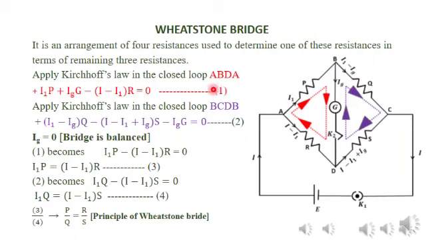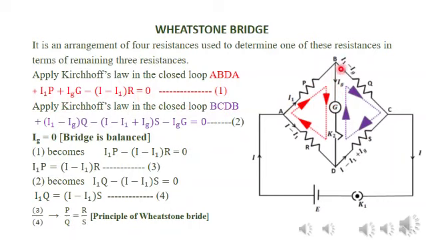Now we continue our motion in the clockwise direction till we find the next resistance in the path, that is the resistance of the galvanometer, which is G. Since the direction of traversal and the direction of current are both the same, the current-resistance product is positive.